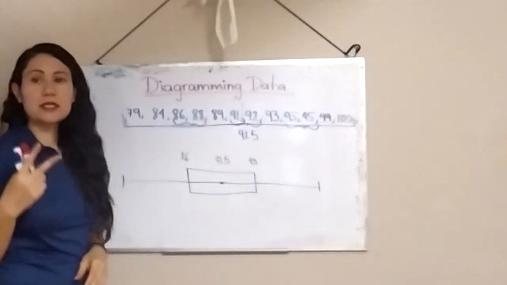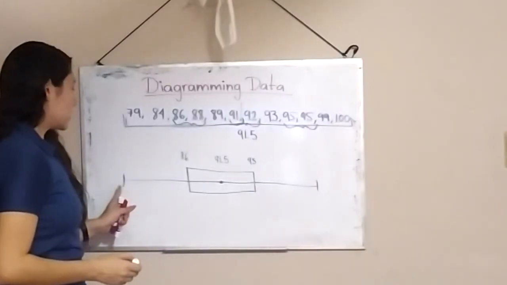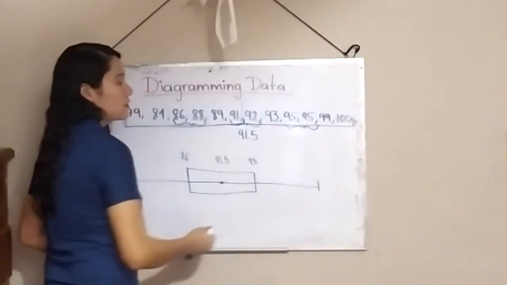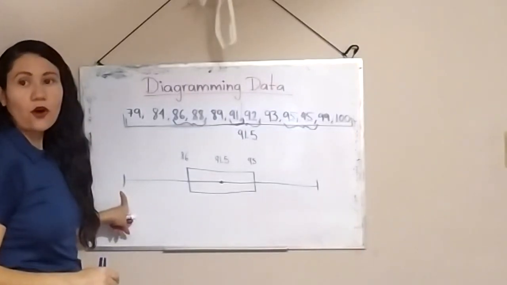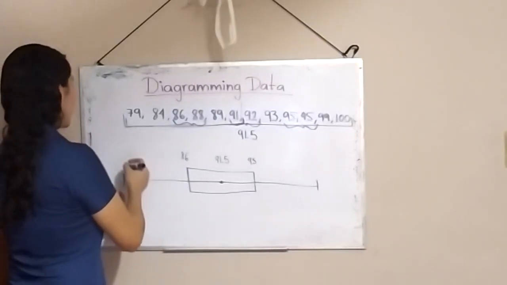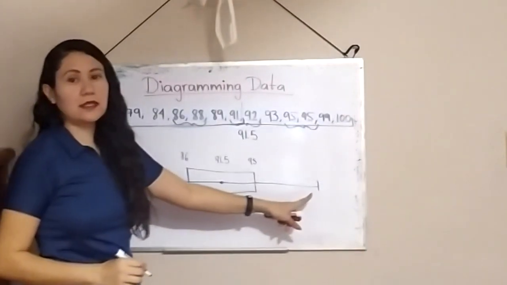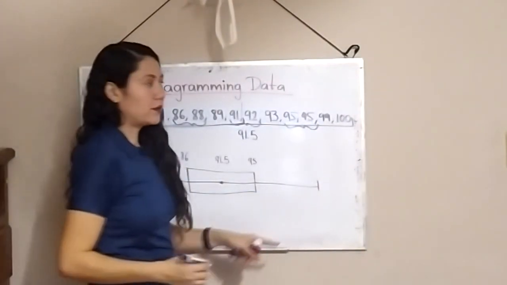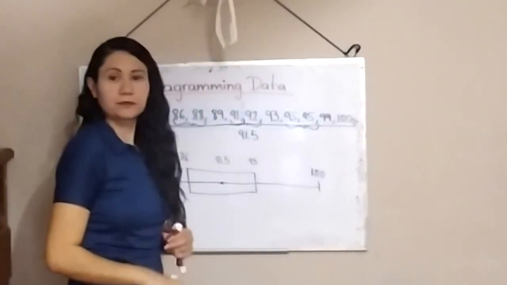Now, we are missing 2 data in our box and whisker diagram. We are missing the first and the last score. Here at the very beginning of the whisker, we are going to place the 79, and at the end of the other whisker, we are going to place the 100.